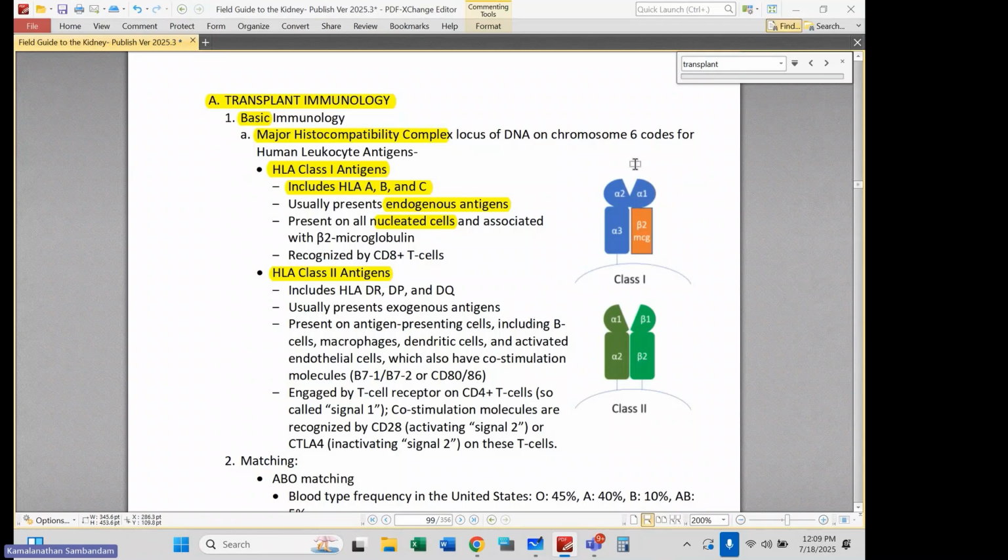It then binds to this cleft within the MHC class 1 molecule and then is transported to the cell surface so that an immune cell can recognize this protein and then make a decision. Do I think this is non-self and needs to be destroyed, or this is self and can be tolerated?